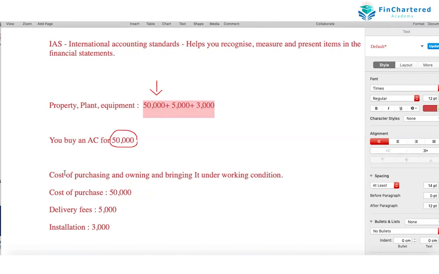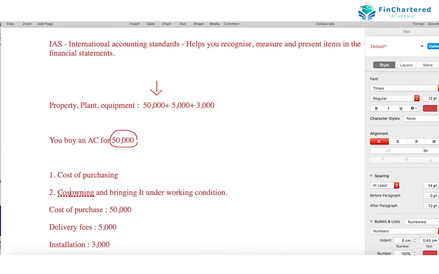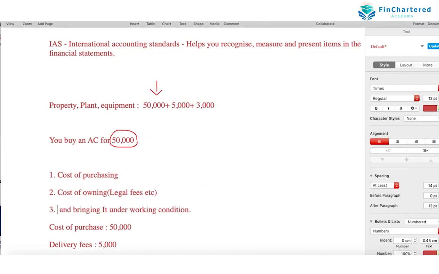So again, let me break this into points so that this is easy for you. Cost of purchasing, cost of owning, maybe you have to pay something like legal fees, paper fees. Yes, Steve, that's right. Legal fees, etc. Without paying the legal fees, you cannot own it. And bringing it under working condition.